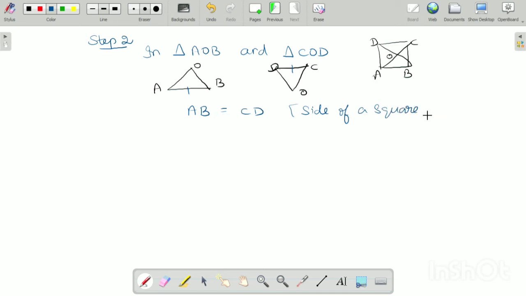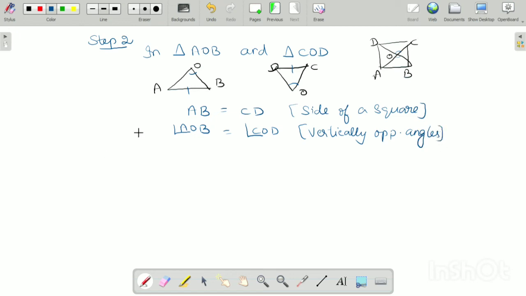Next, angle AOB and angle COD are equal. Can you guess why? If you see the picture, AOB is here, COD is here. That means it is a vertically opposite angle. Vertically opposite angles are equal.